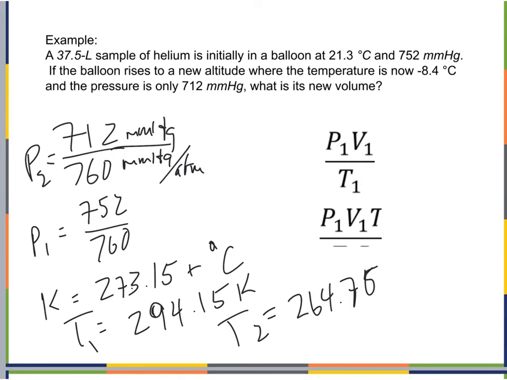All right, so now I've got P1, P2, T1, T2, and I had V1, which equaled 37.5 liters. Okay, so plug all those in. That's all there is to it.